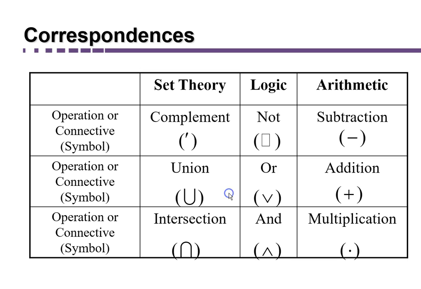Now, this next chart is also in your booklet. So again, let's just follow it up and review. So we've talked about set theory, we've talked about symbolic logic, and again, we are familiar with arithmetic. So when we think of the complement, and once again, the Venn diagram, this is our sample space.